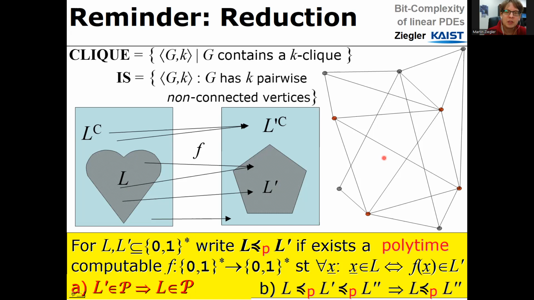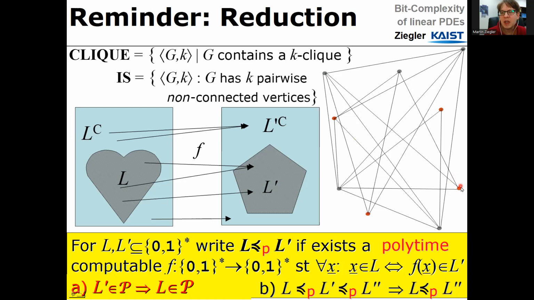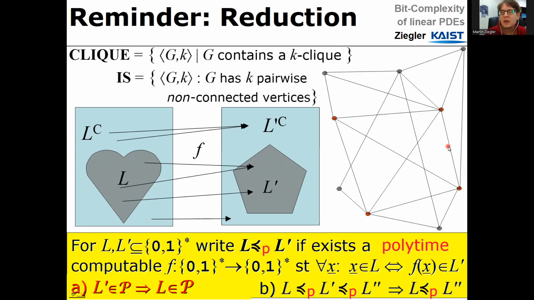Namely, whenever the first graph has an edge between 2 vertices, then the second graph does not have an edge between these 2 vertices. And vice versa, if the second graph does not have an edge between 2 vertices like these two, then the other graph has an edge. So the choice of edges is kind of the complement of each other.